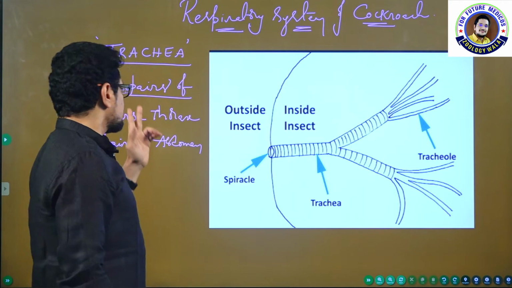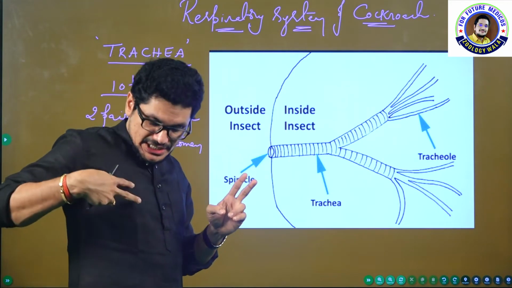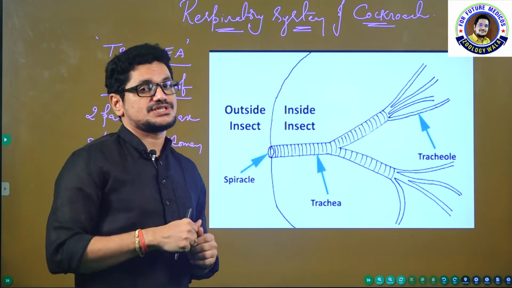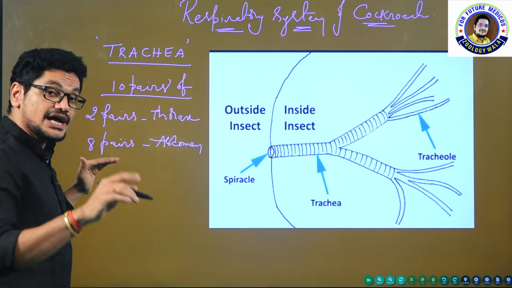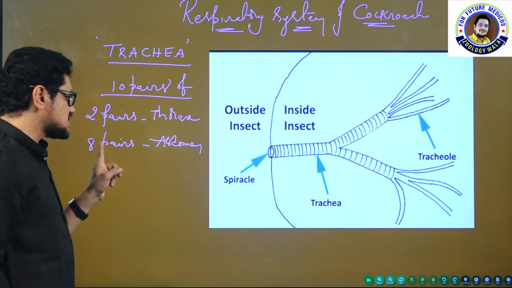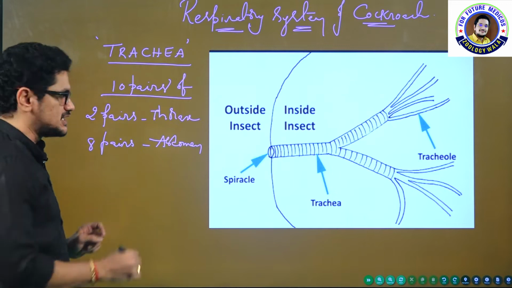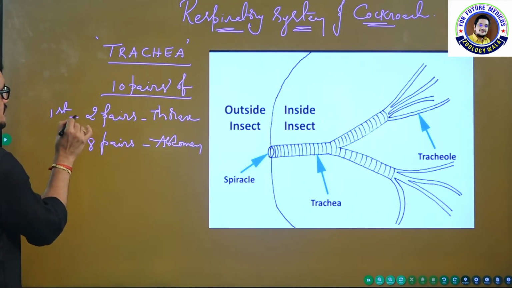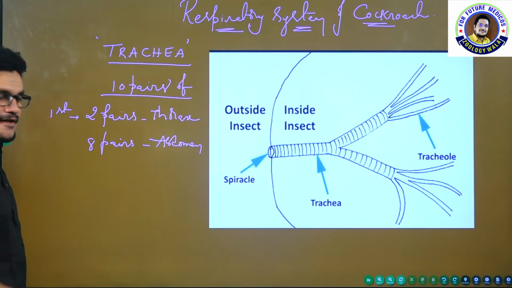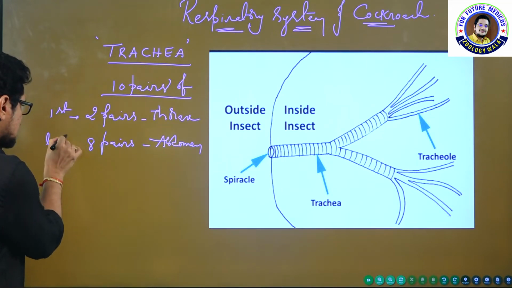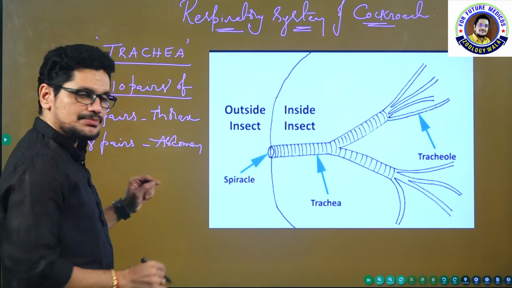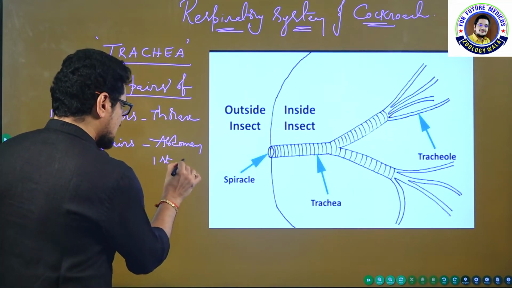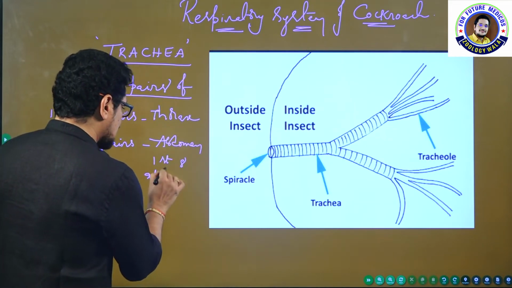So, here the first 2 pairs of spiracles are present in the last 2 parts of thorax, and the first 8 abdominal segments contain the last 8 pairs of spiracles. These are the first 2 pairs among the 10 pairs, and the last 8 pairs of spiracles are present in the first 8 abdominal segments.